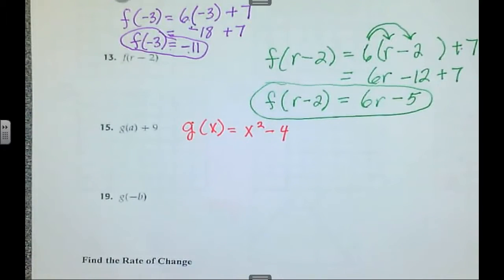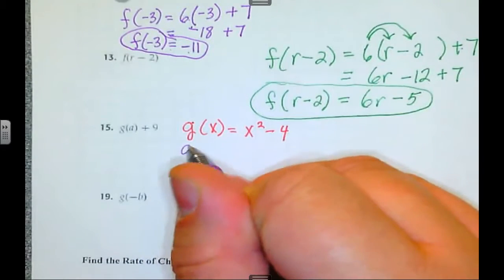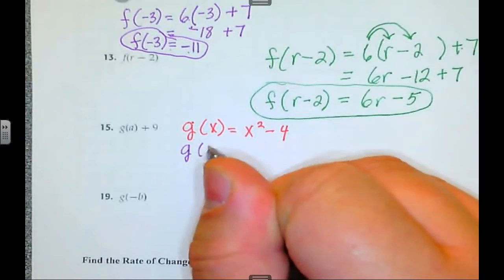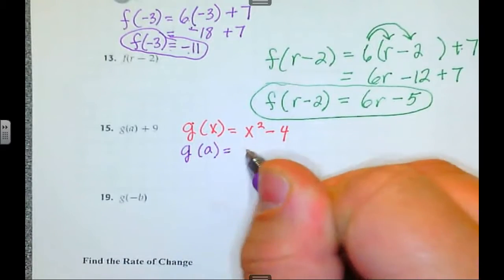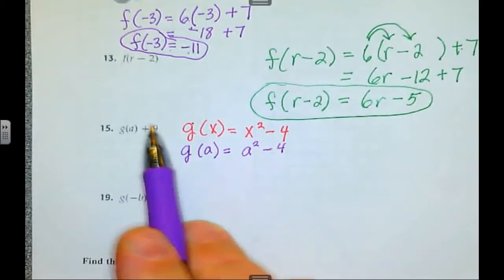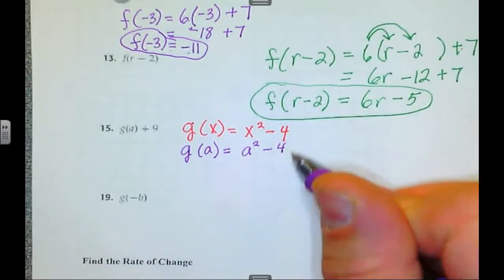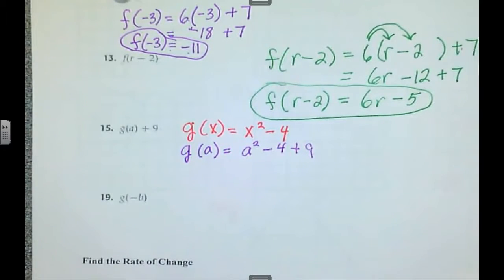First of all, wherever I see an x, I'm going to put an a. So the g of a equals a squared minus 4. I did that part, and then I'm going to add 9 as the last part.